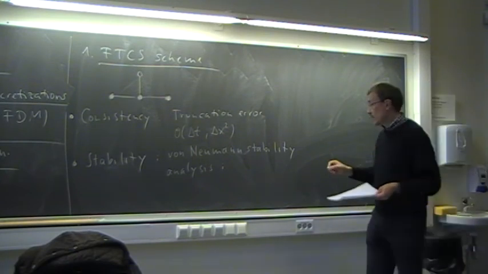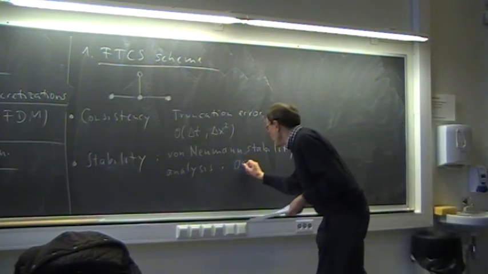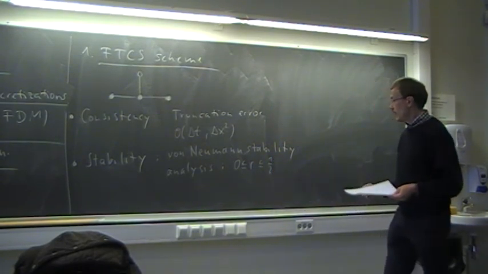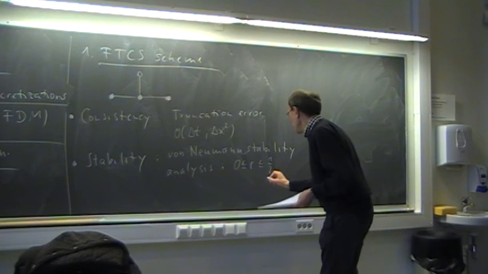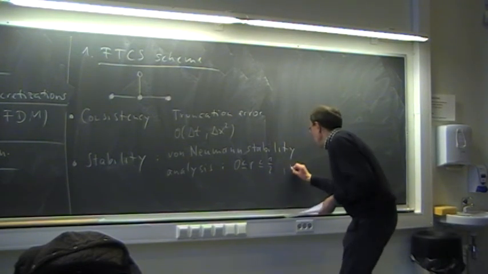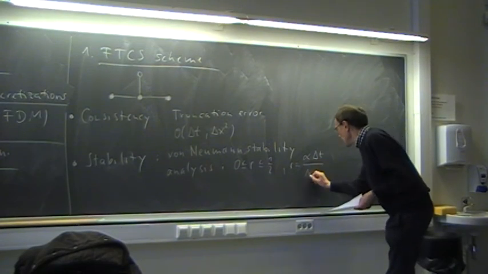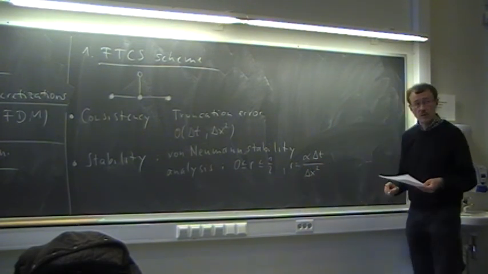That condition is then satisfied when we have this condition, and the R here is the von Neumann number, that is the thermal diffusivity times the time step divided by the grid spacing squared.